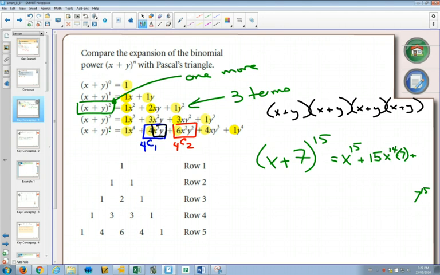So your exponents in the middle always add up to 4. Because you could choose 1x and 3y's, which adds up to 4, or you could choose 2x's and 2y's, because you're always choosing one thing inside each bracket. So it's another pattern to notice that the exponents always add up to what you started with.